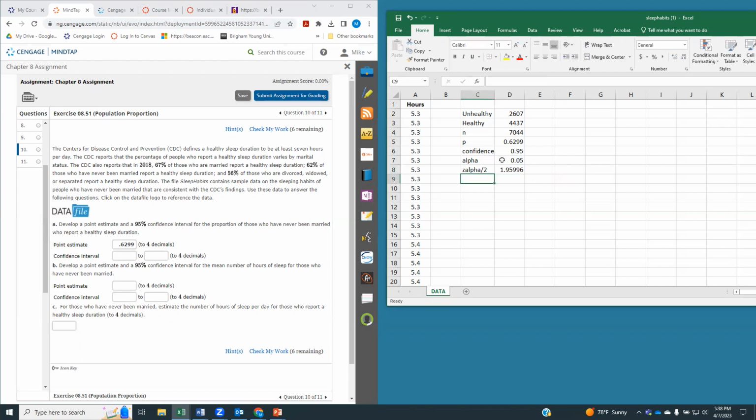Now to find our margin of error, I take my z-score of alpha divided by 2 times the square root of p times 1 minus p, divided by n.